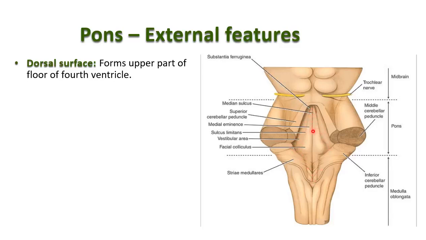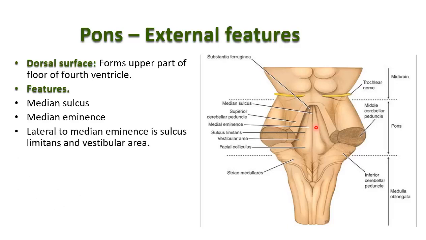So mainly in the midline, what you are able to see is the median sulcus, and on either side of the median sulcus, what you see is the sulcus limitans. So between the median sulcus and the sulcus limitans, this raised area is actually called as the median eminence.